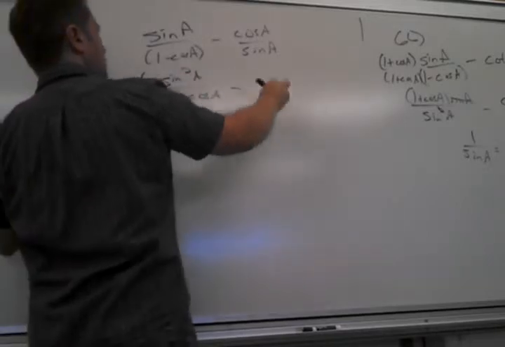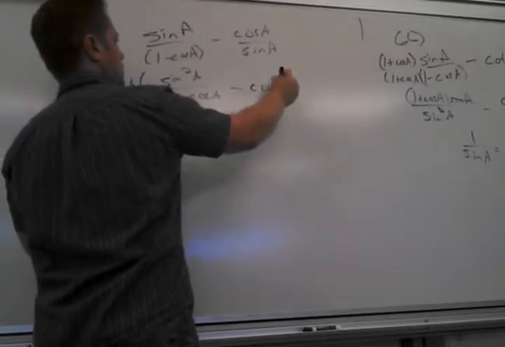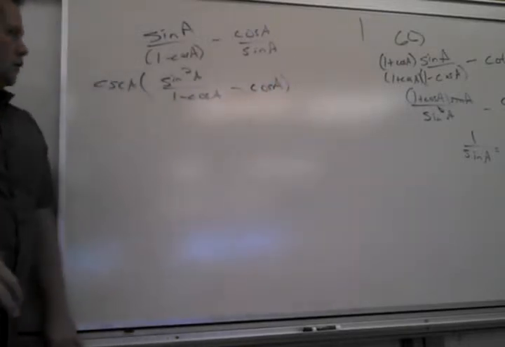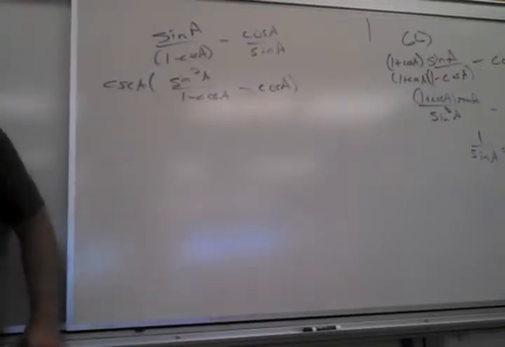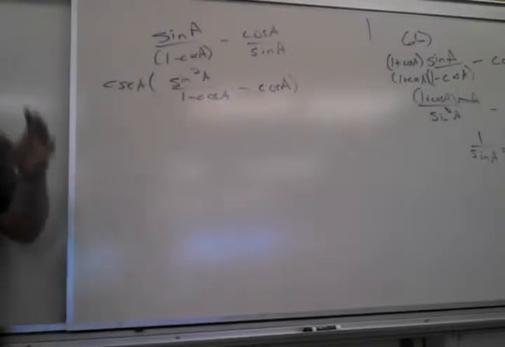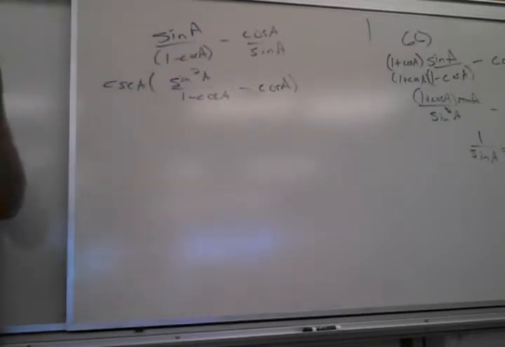And this one becomes cosine alpha over 1. I left it as a fraction just because it was easier. Again, this is not always going to be the best thing. I normally would use this if I can't figure out a good way to start. I force a part of what I'm working on to look like what it's supposed to look like, and then I can see if anything left is easier to work with, and then I'll go that way.